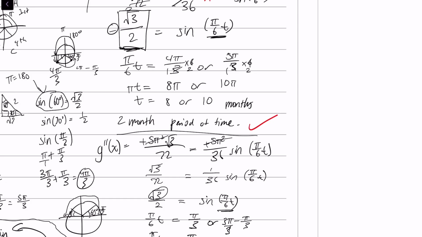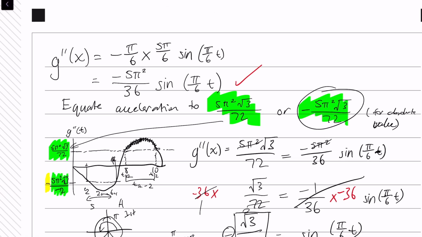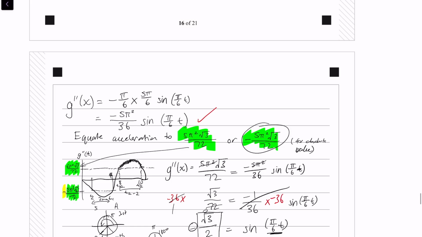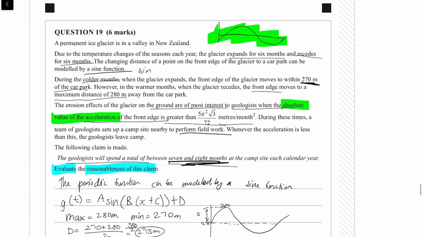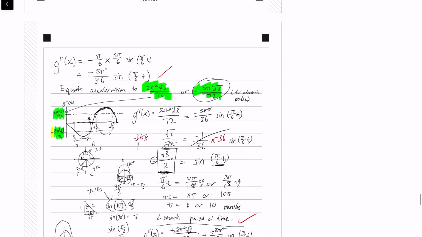Okay, so basically finding that difference, again, as I was mentioning, the T1 to T2 and the T3 to T4, that gives us the mark for that. Because we need to determine a period of time in a year where the acceleration is greater than the value given, and that is our mark there. So that's a total of 6 marks. So that's a 100% paper right there, all done for you. And that's the last question there.